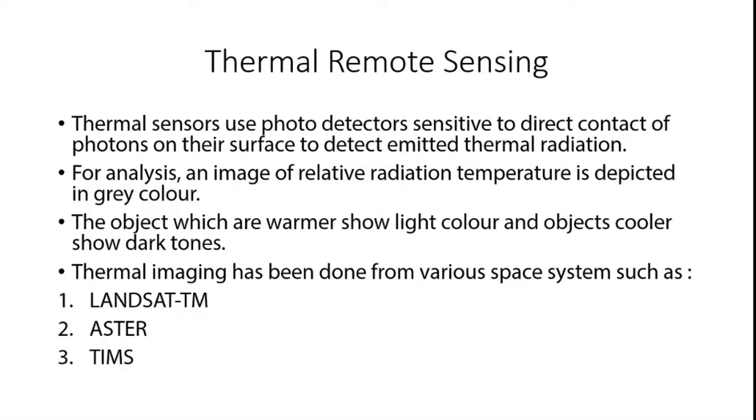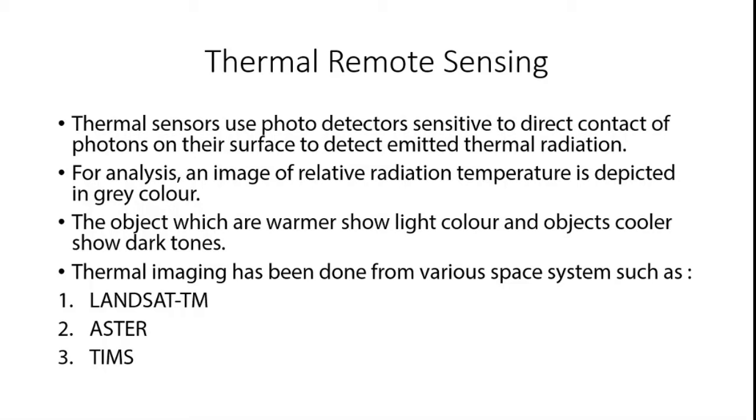These photons reach the sensors. How many photons reach back to the sensors are captured, and then the image is processed. The detectors are cooled to a temperature close to absolute zero.